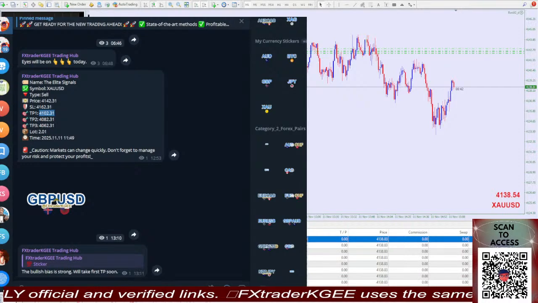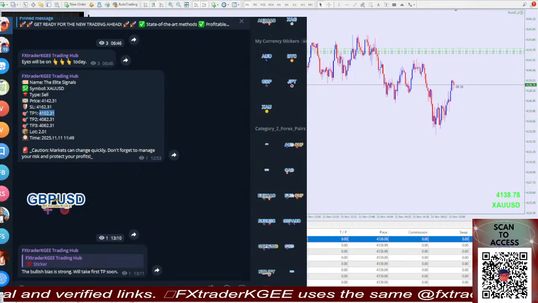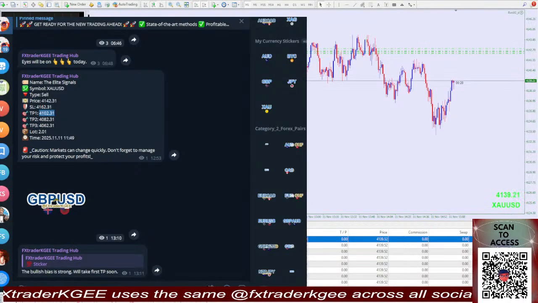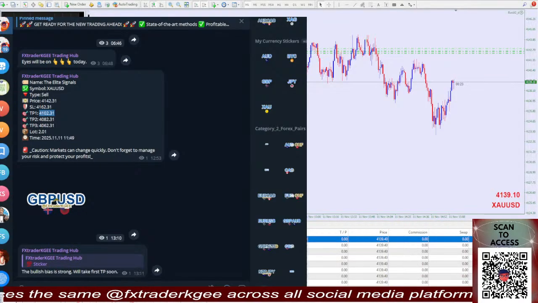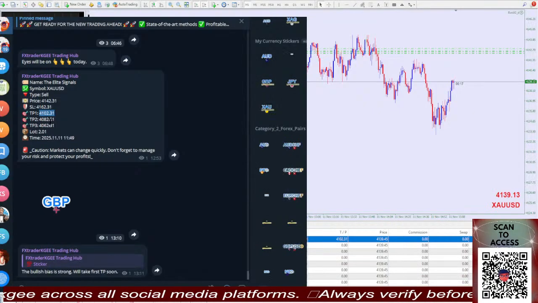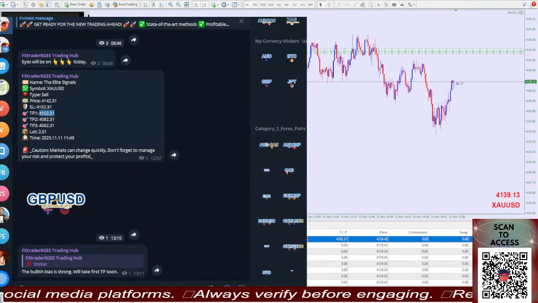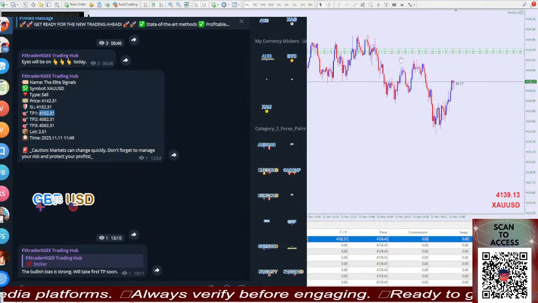So let's see, for instance, if I want to set the stop loss, oh sorry, the take profit. Was that the take profit that I clicked? That's very far. TP1 is 4,102. And we are currently at 4,139.